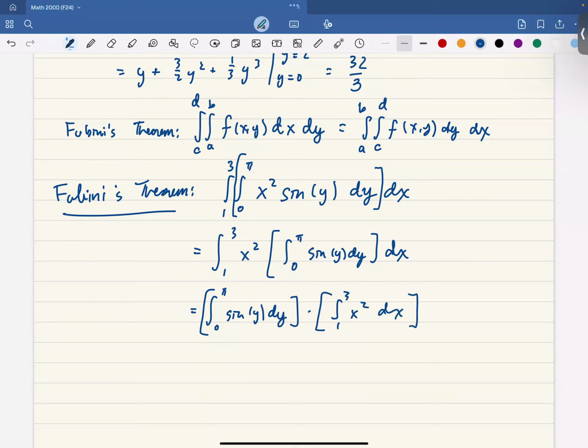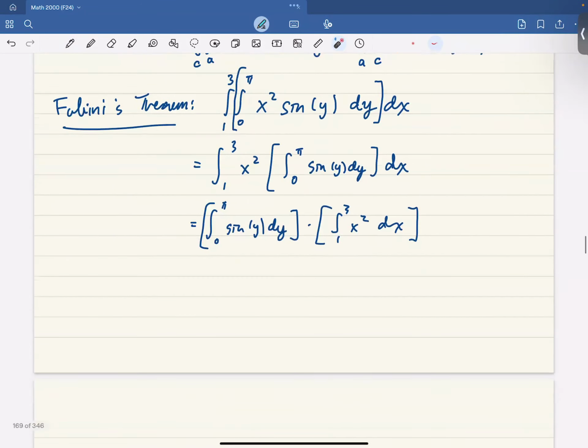And so we can separate our integral like that. And so that is another useful facet of this. When we have an integrand that's one function of x times another function of y, we can separate our integrals when we have a rectangle as our region that we're integrating over.